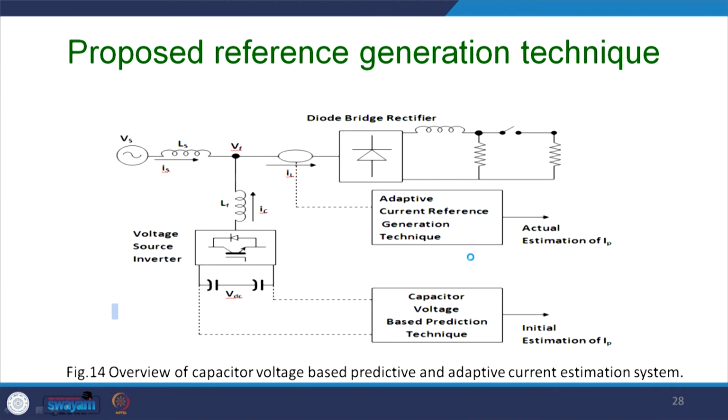Now, we will propose one reference generation technique, as I told you, that will be the ANN based. And there is another important method, of course, another important method of the time domain, which is the SRF method.